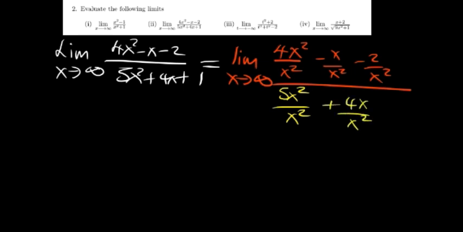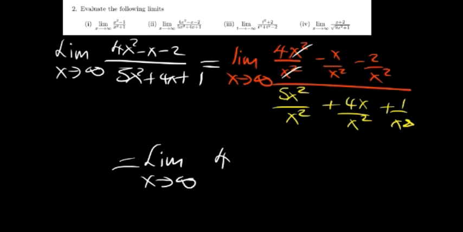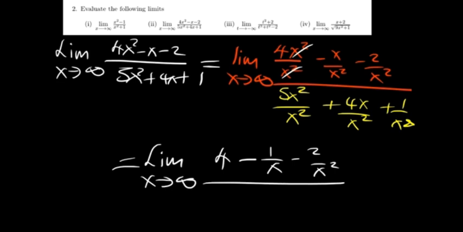You remain with the limit as x approaches infinity. The x squared terms cancel, so you remain with 4 minus 1 over x minus 2 over x squared, over 5 plus 4 over x plus 1 over x squared.